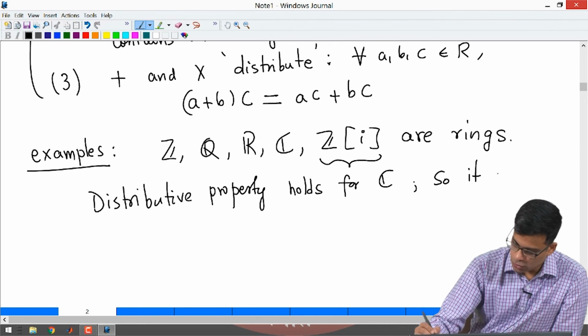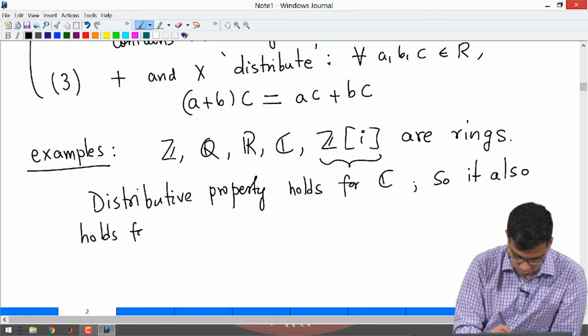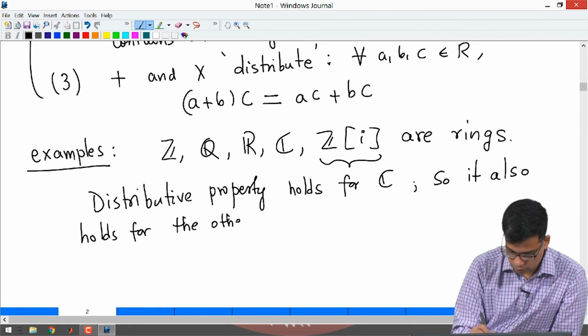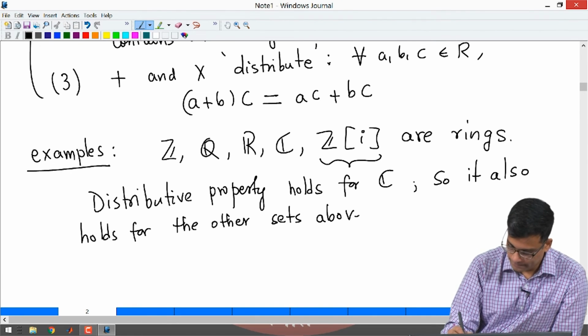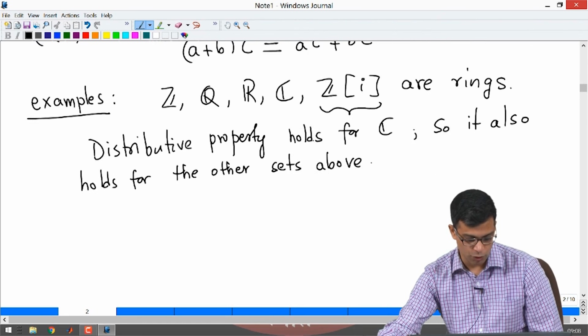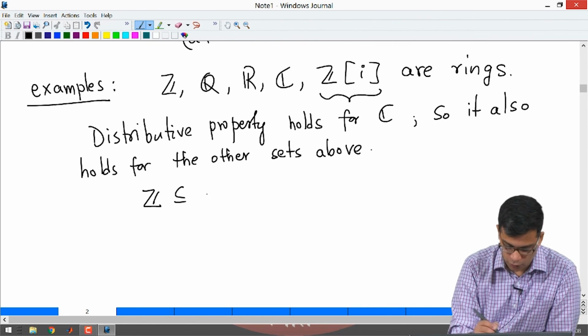So, it also holds for the other sets above. Why is that? Remember, Z, Q, R, Z[i] are all subsets of C. So, in fact, between them there are these following inclusions.